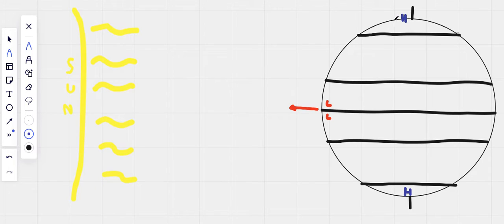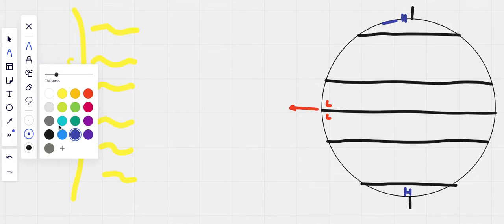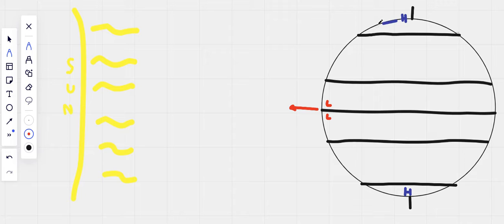The air, as it's going against the ground through the process of friction, starts to warm up. And as it warms up, it gets less dense.